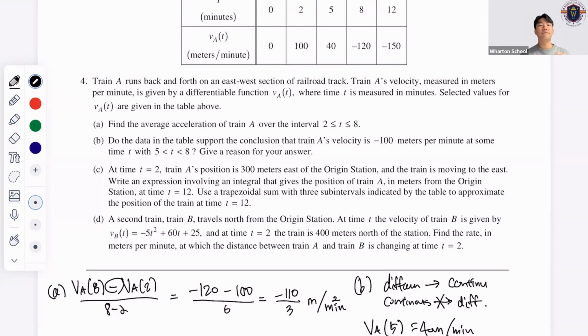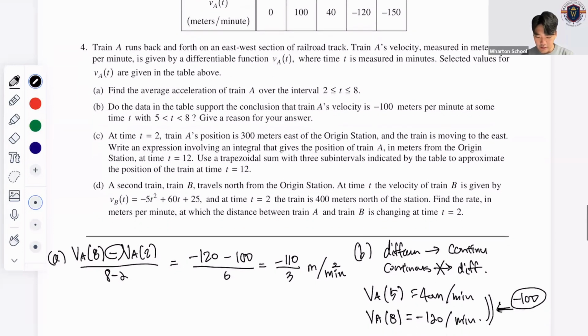So in particular, it must pass through negative 100. By the intermediate value theorem, we're guaranteed that the velocity equals negative 100 somewhere between 5 and 8.